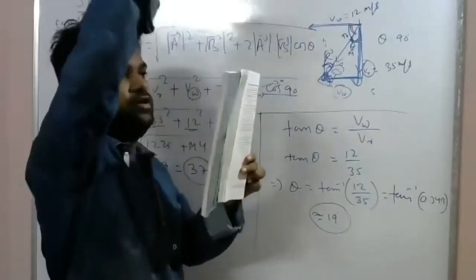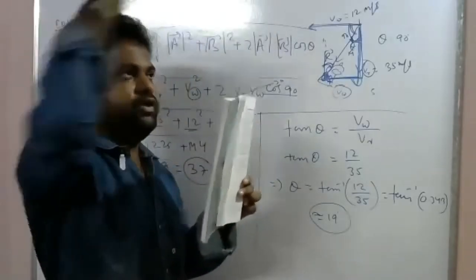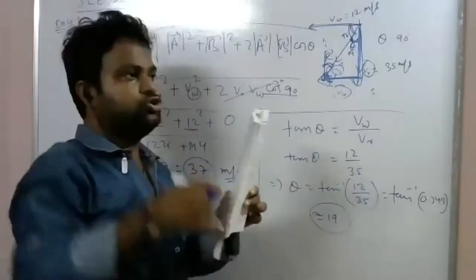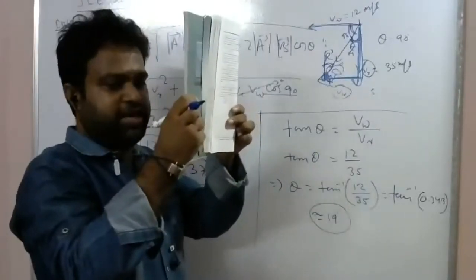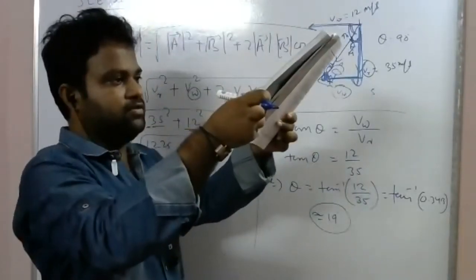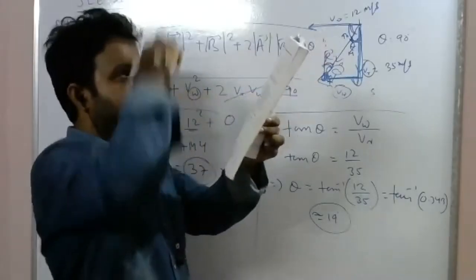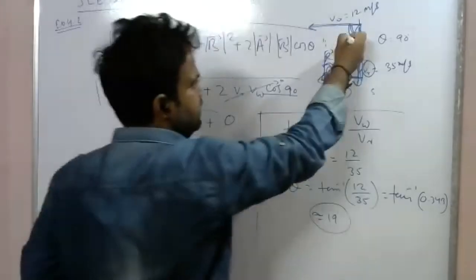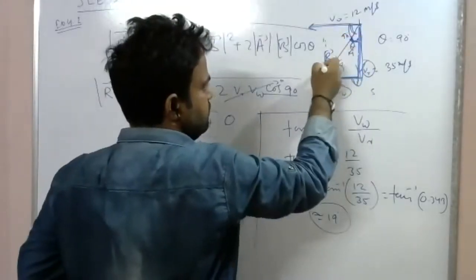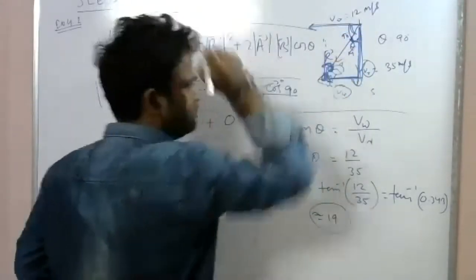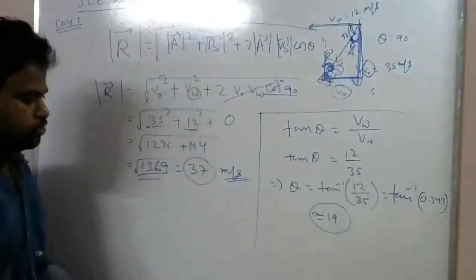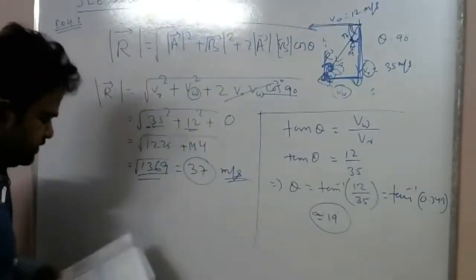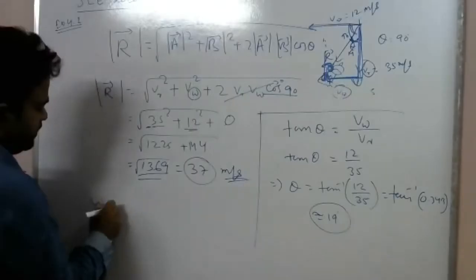Rain was falling down, now wind is blowing like this. So instead of straight, you will hold your umbrella at some angle. The angle between the vertical and your umbrella must be 19 degrees, because they are alternate interior angles. This is 90 degrees. Your umbrella is here.